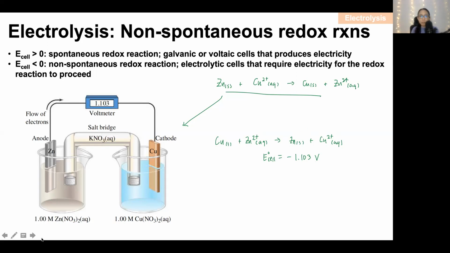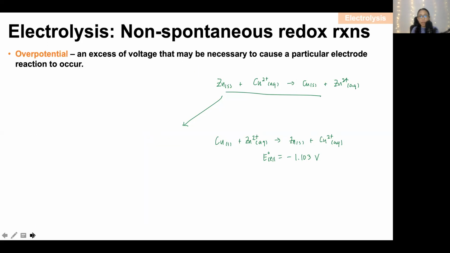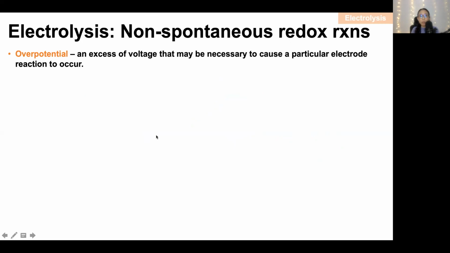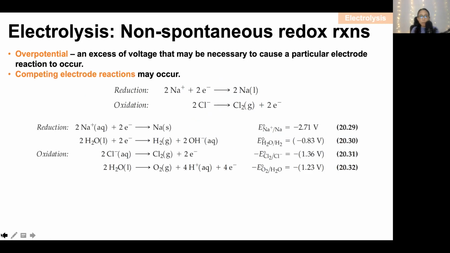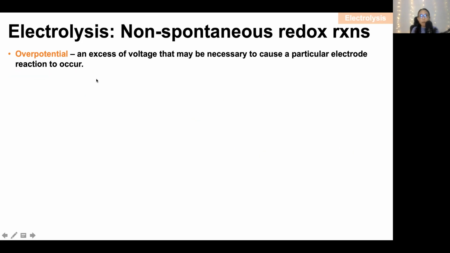However, that's not the only factor that you must consider. So another factor that must be considered is what we call overpotential. So overpotential is an excess of voltage that may be necessary to cause a particular electrode reaction to occur. So typically, this overpotential is more prominent or has a higher value in electrolytic reactions involving gases.